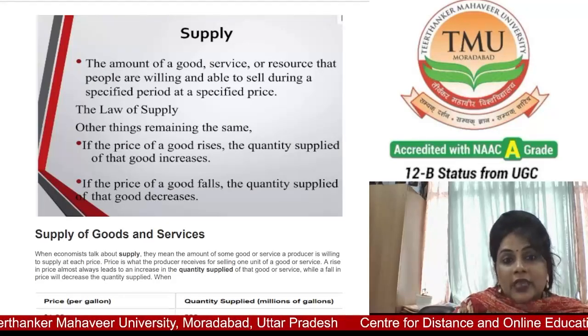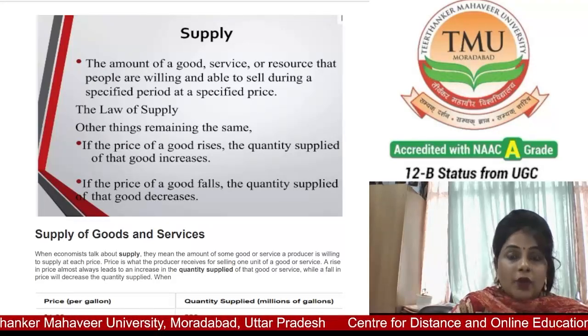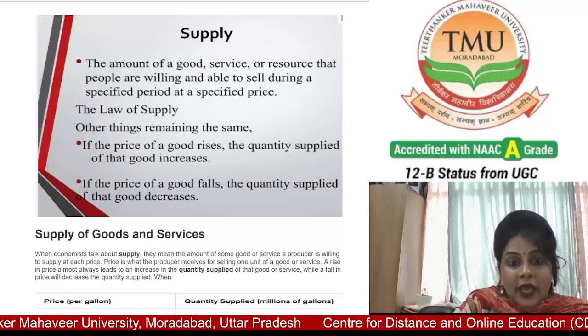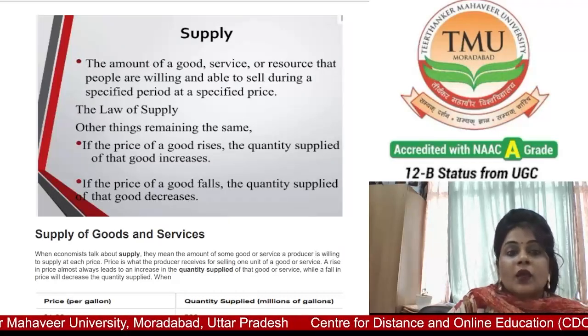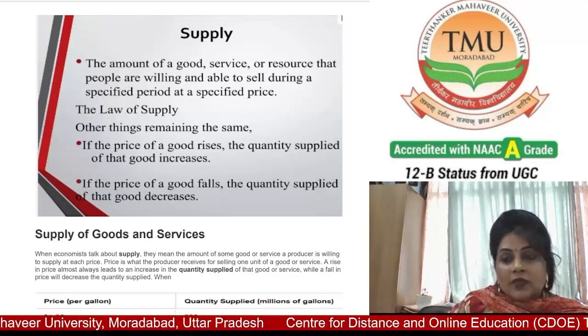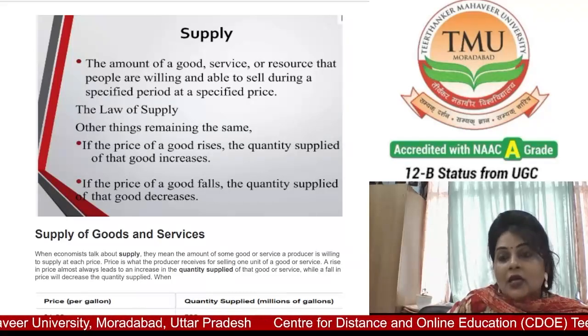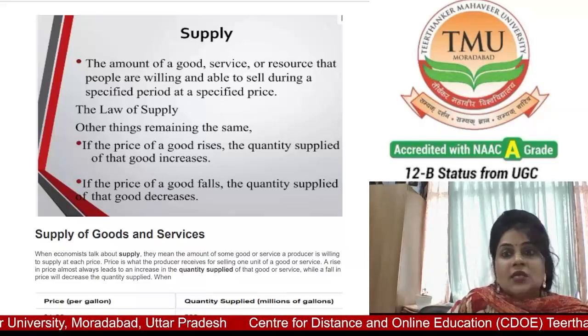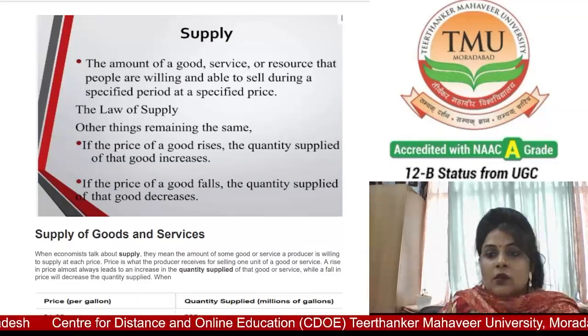Supply also decreases at the lower price because the profit of the entrepreneur is also less. So supply and price have a direct, positive relationship. When the price is increasing, supply also increases.